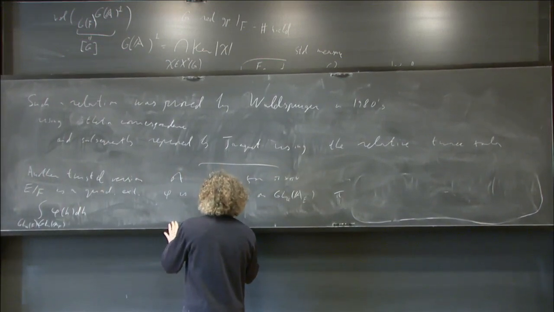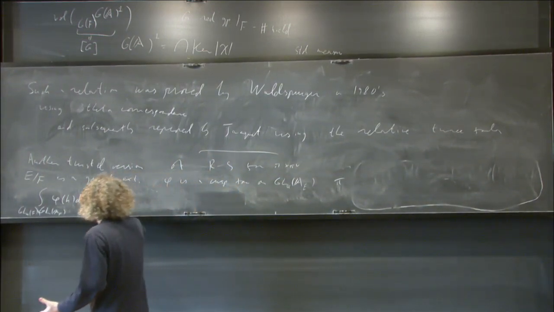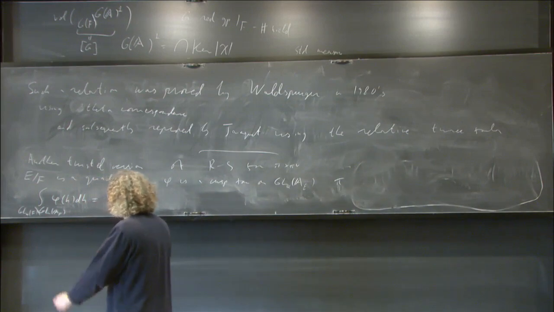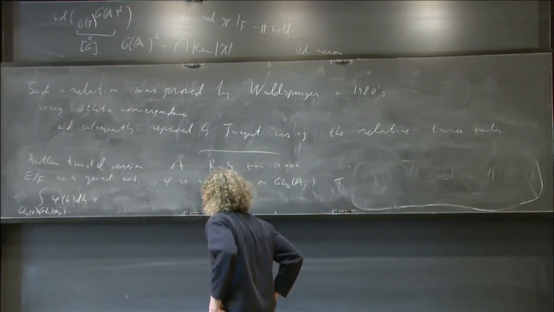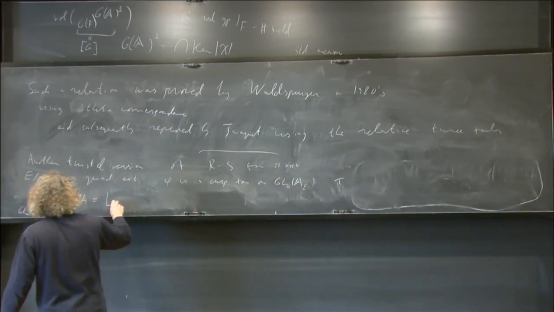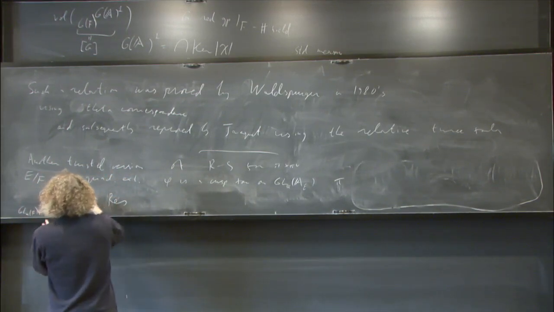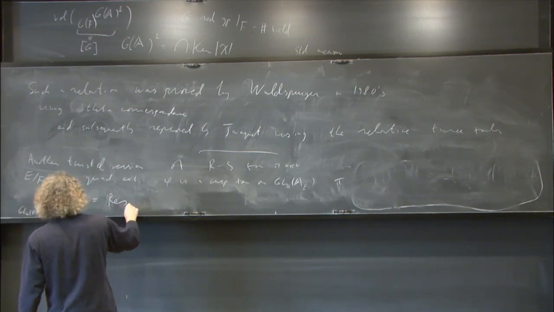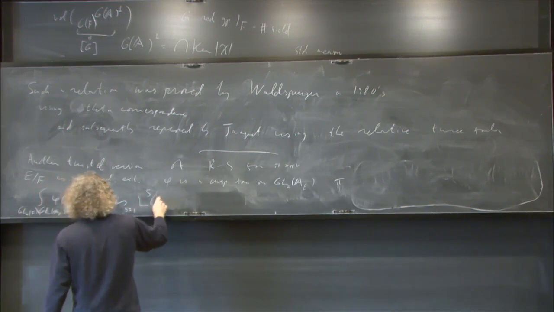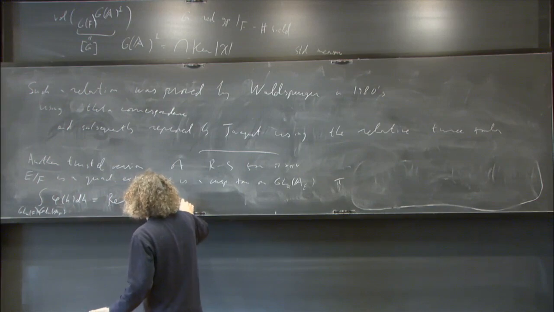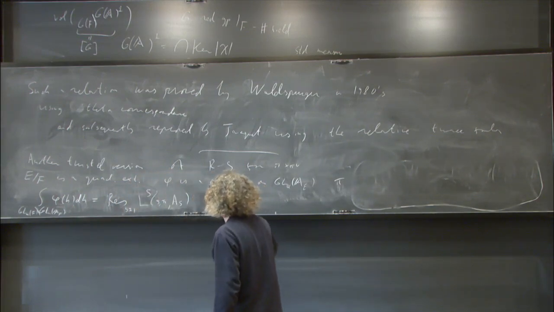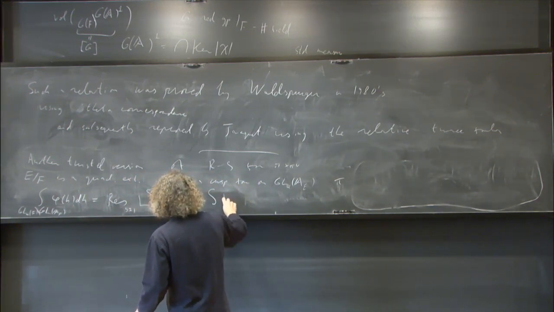And more or less formally, just like the usual Rankin-Selberg, what you get is the residue of the LS. So you have a theory if you put an Eisenstein series here, and what you get from it is a residue of some L function, which is called the Asai L function, times the integral.